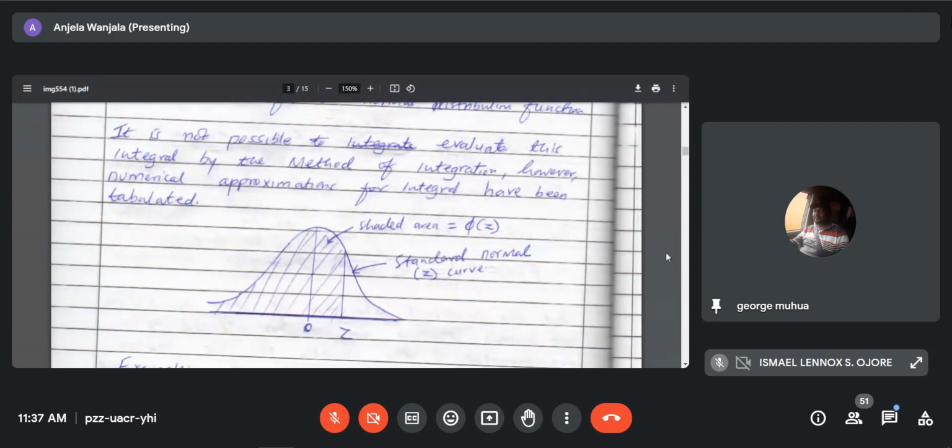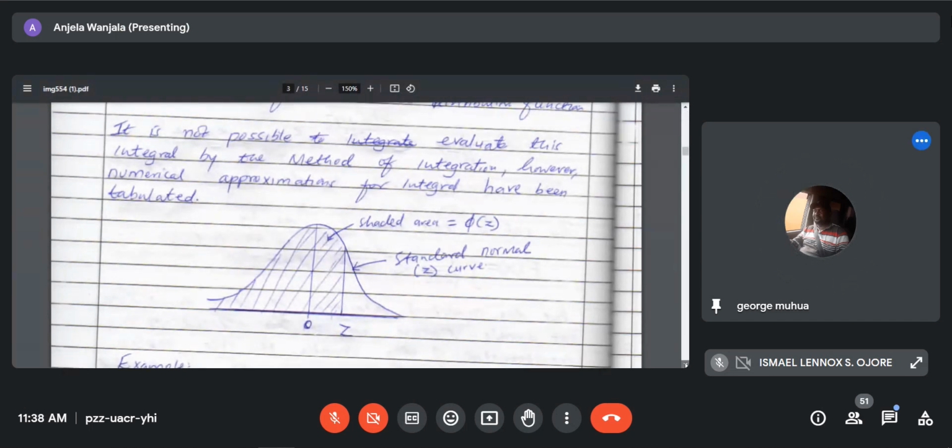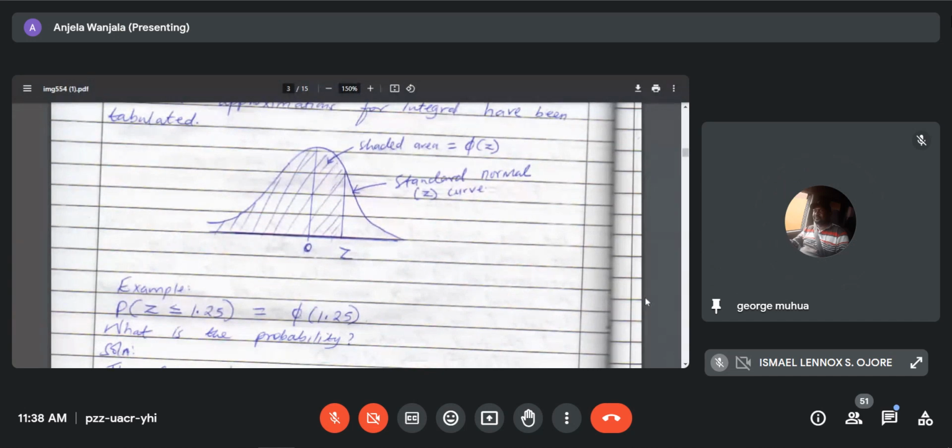So the values of z are tabulated in the table. I think that was an error. It's supposed to be phi of z, not x. Sorry, phi of z. We are going to see how to find these from the statistical table. I had told the class rep that we will be using the tables on page 736.